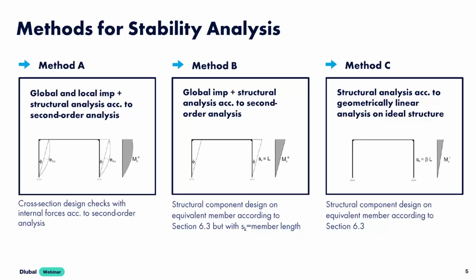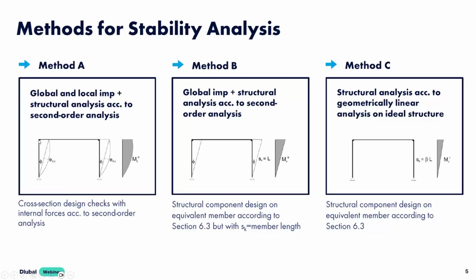There's method A, which is basically stating that if you consider the global and the local imperfections in your static analysis and you run a second order analysis, then there is no need to run any stability check according to chapter 6.3.